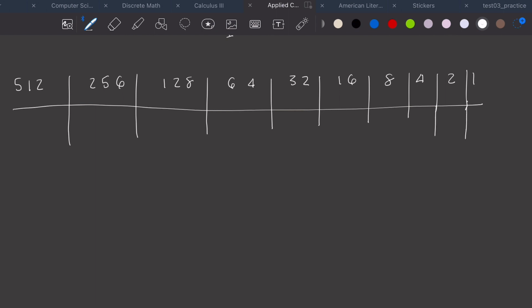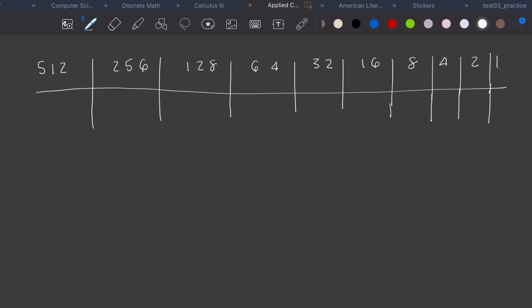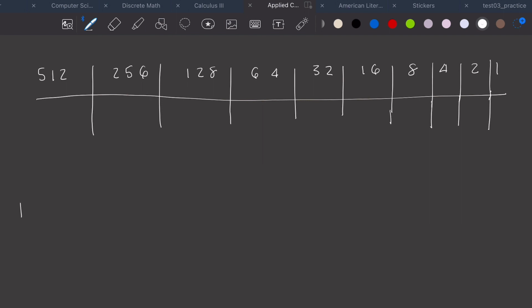So I'm just going to write out a random number. Down here, I'll just do 1 0 0 1 1 0 1 0 1. Okay, and I'm going to be moving from the left side of the number here, and this is the first number that I'm going to look at.